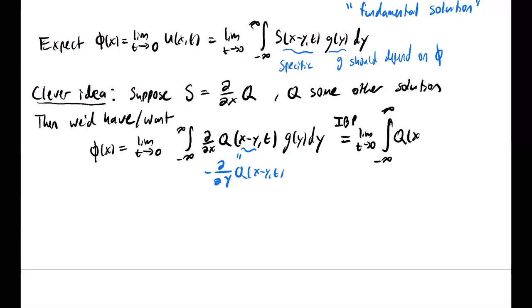And I'll have q of x minus yt, and then the derivative with respect to y of g, and then plus some boundary term. We're going to assume that there's sufficient decay at infinity such that this goes to 0. The boundary term involves, for example, the values at infinity of the function g. In order for this formula to even make sense, we need g to decay at infinity, and therefore, when you integrate by parts, the boundary terms are always going to be 0. So those just disappear.